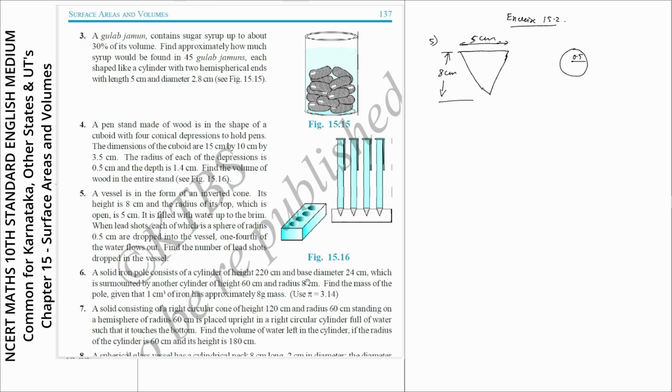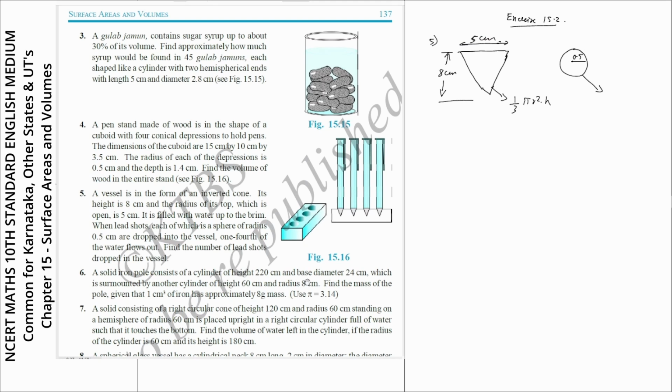So how many spheres were dropped? That's the question. Now what is the volume of cone given by? Volume of the cone is given by 1/3 pi r square into h. Here r is 2.5, half of diameter, that is diameter is 5, so half of 5 is 2.5, and h is 8 centimeter.